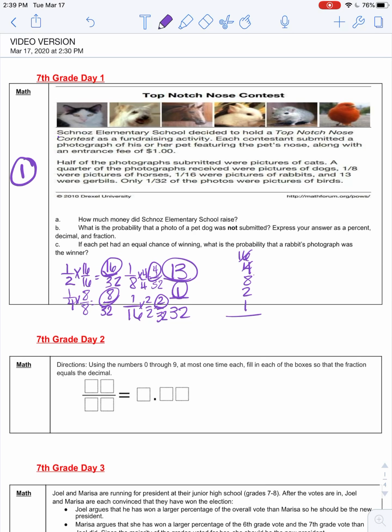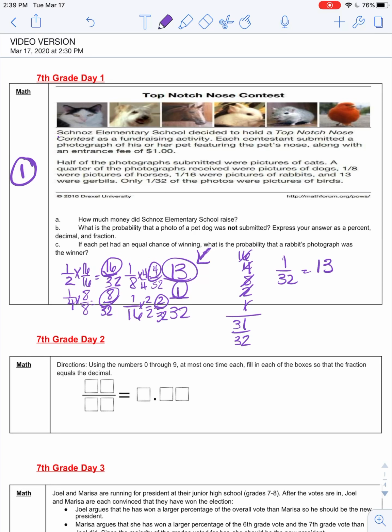So that's 28. Sorry, I did that in my head. So that's 20 plus another 8 would be 28, plus 2 would be 30, plus 1 would be 31 out of 32. So what that means is this number right here, the gerbils, would represent that 1/32, okay? So we know that 1/32 equals 13. Okay, so we know that each section, like if we had a pie chart, we would split it up into 32 sections.